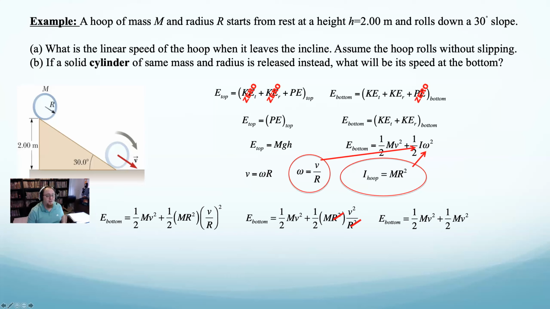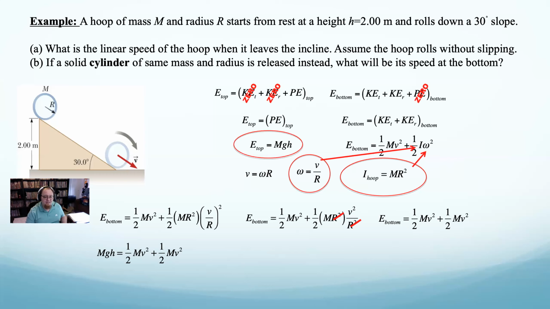Now, if I look at conservation of energy, my energy at the top equals my energy at the bottom. And therefore, mgh equals 1/2 mv squared plus 1/2 mv squared. Now, every single term has an m.